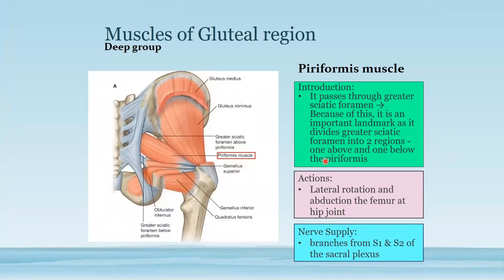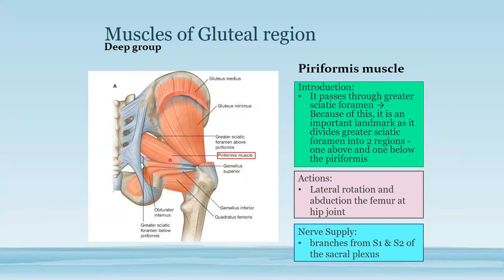All right, so then we go to the deep group muscles, the piriformis muscle. The piriformis muscle passes through the greater sciatic foramen. Remember your greater sciatic foramen? The piriformis muscle passes through this foramen.